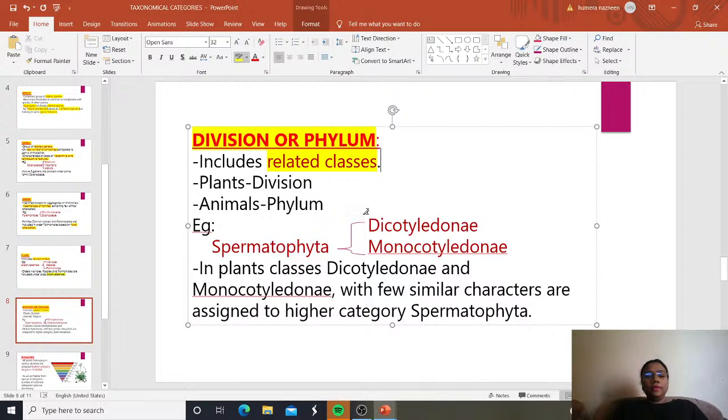So this division is nothing but related classes being placed together, like Dicotyledonae and Monocotyledonae. Dicot means the seeds which have two cotyledons, and Monocotyledonae means the plants whose seeds have a single cotyledon. So where are these dicotyledons and monocotyledons placed? They show a few similar characters, so they are assigned a higher category called Spermatophyta.